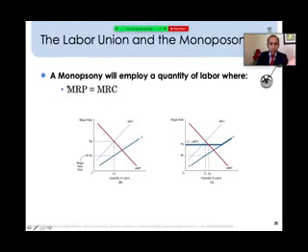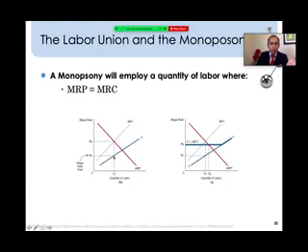Under this particular rule of employment by the monopsony, where marginal revenue product of labor, which is the downward sloping curve, is equivalent to the marginal resource cost, which is this light blue curve, the firm will hire a quantity of labor, which is Q1.